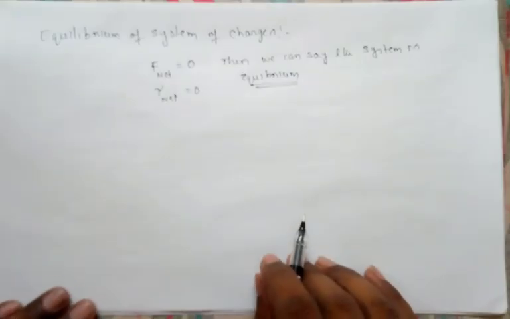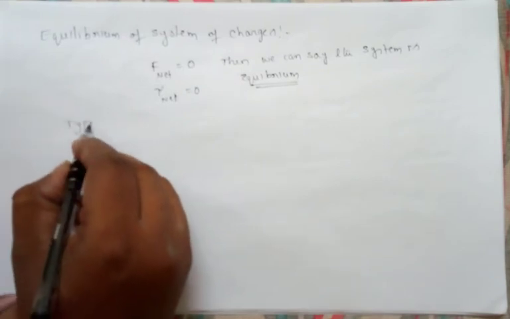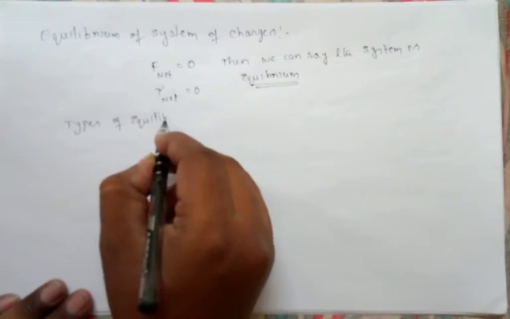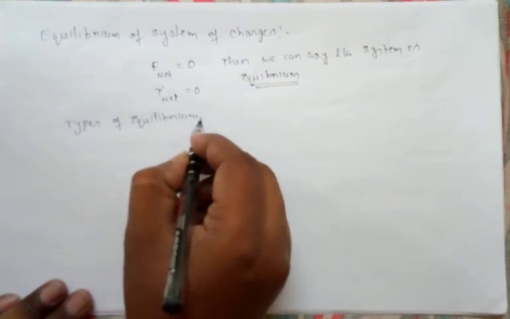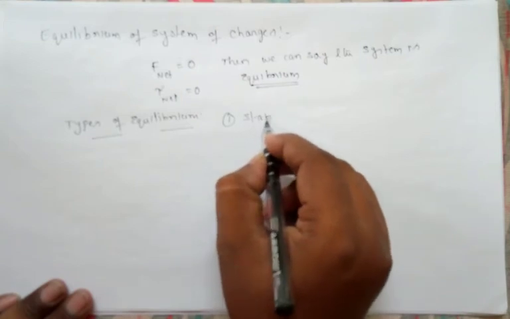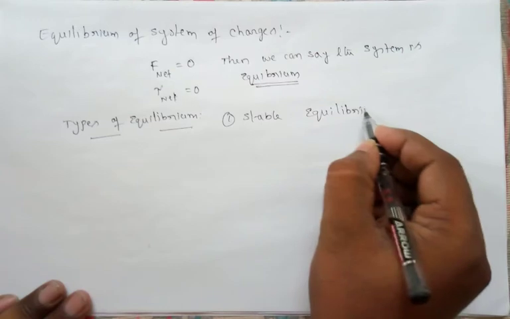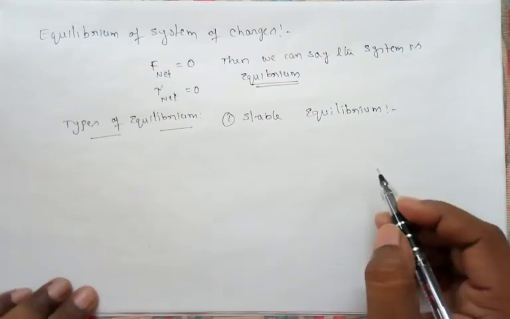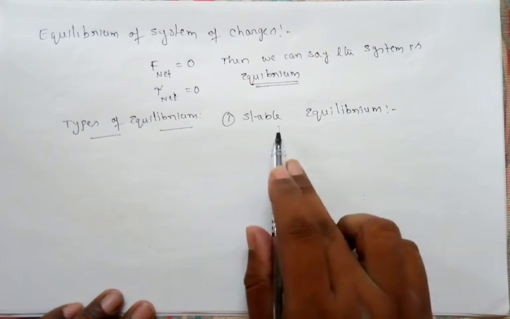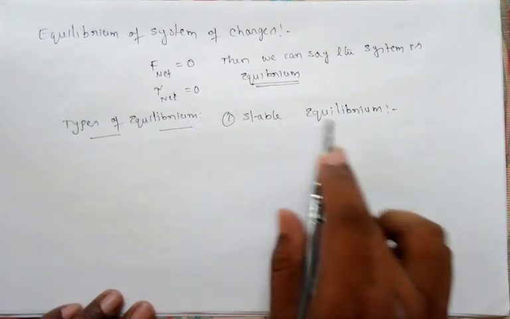Here, types of equilibrium are there. One is stable equilibrium. Stable equilibrium means that from the mean position, if you disturb the body, it has a tendency to come back to the same position.